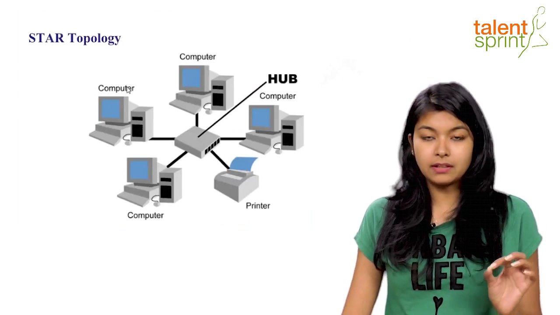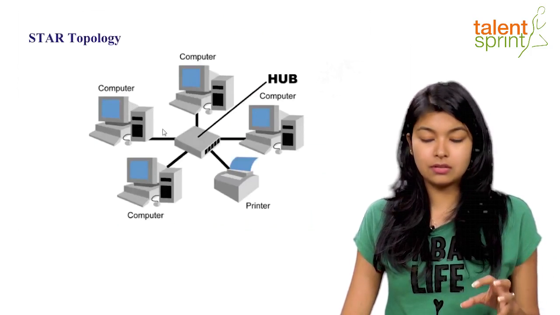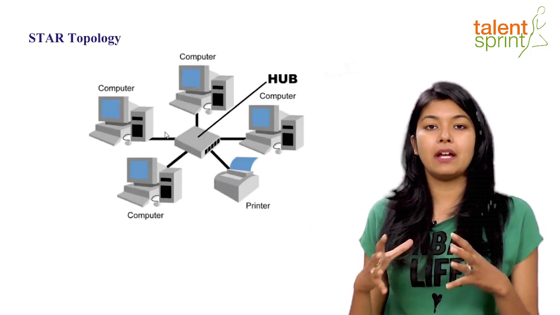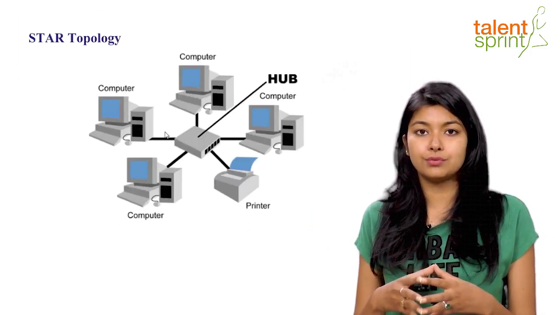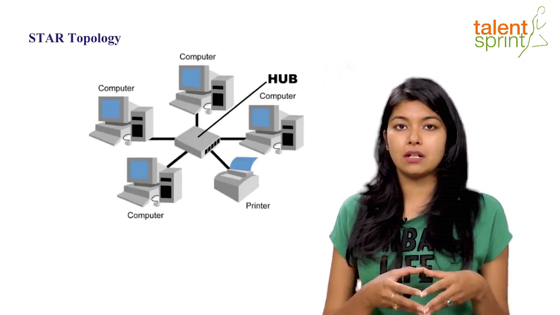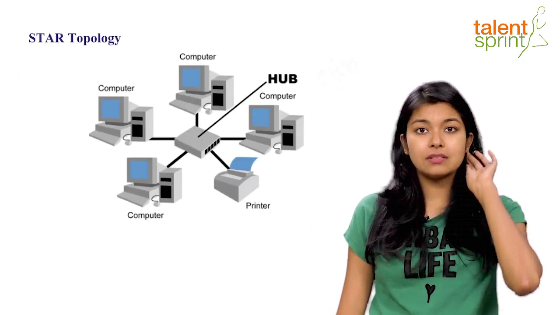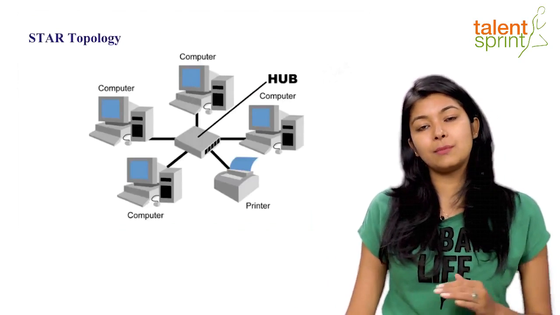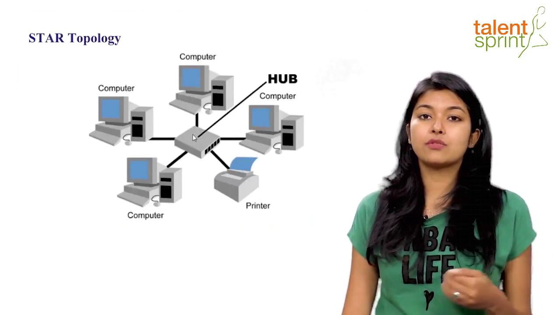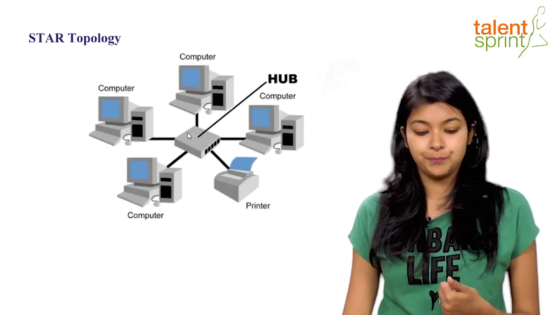Only this one computer will be left out of the network till the connection is repaired, but the rest of the network remains intact and connected. That is one of the advantages of star topology. On the other hand, the disadvantage is that the cable wire work needed for a star topology is greater than what is needed in a bus topology.